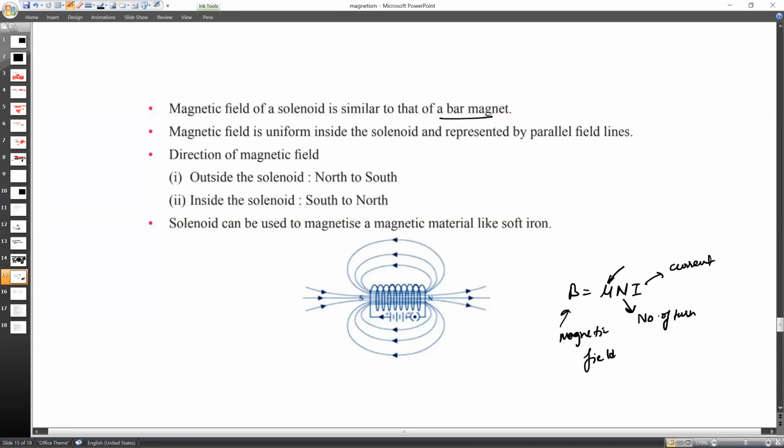But if I talk about this one, imagine this is a solenoid here, and the direction of current is given to you only. Can you tell me which magnetic pole it will be considered?